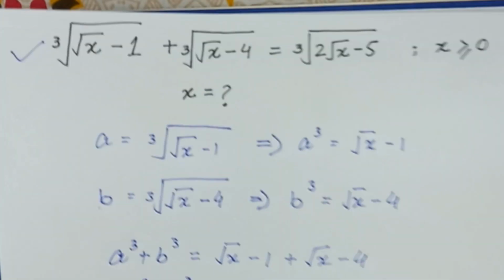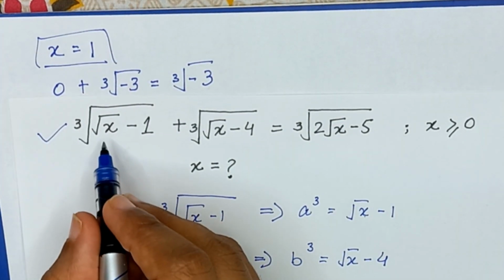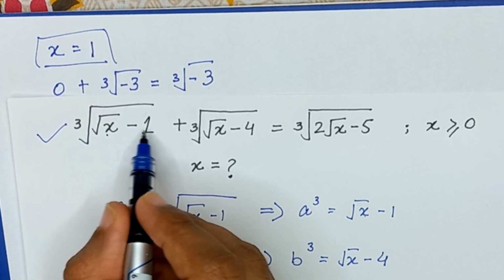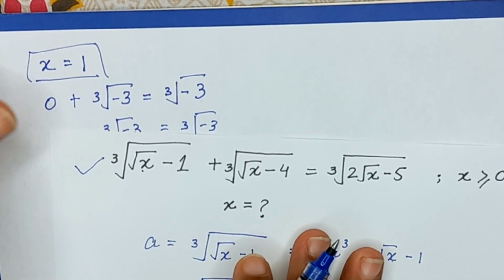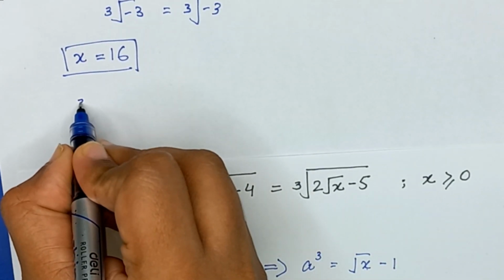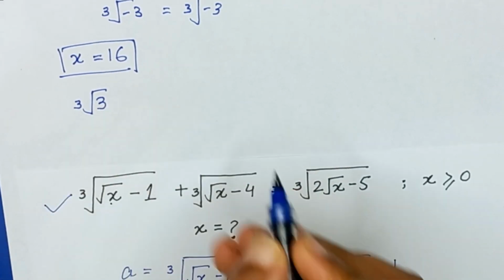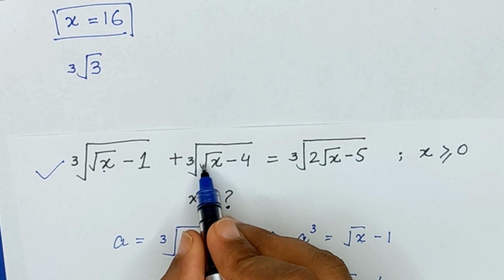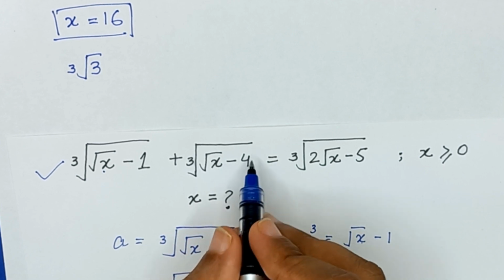So when we substitute here 16, square root of 16 is equal to 4. 4 minus 1 is 3. So it will become cube root of 3. And here 16, square root of 16 is 4. So 4 minus 4 is 0.